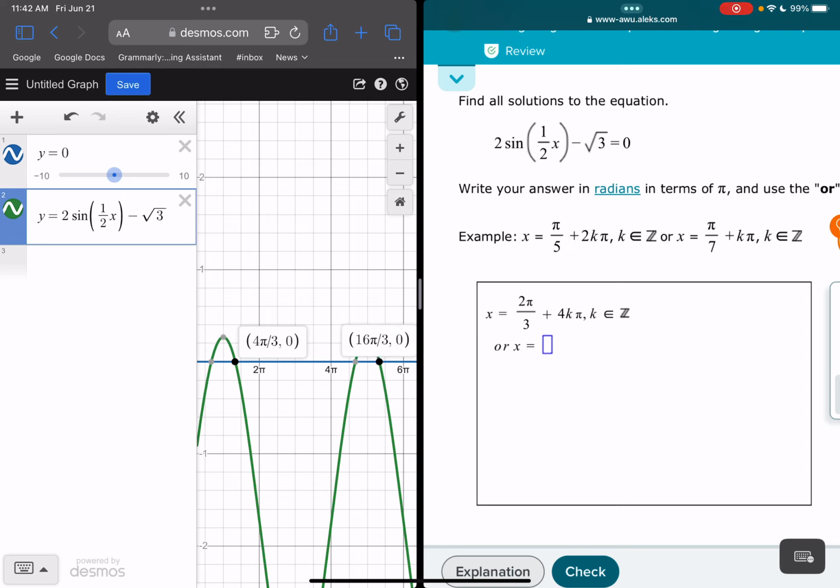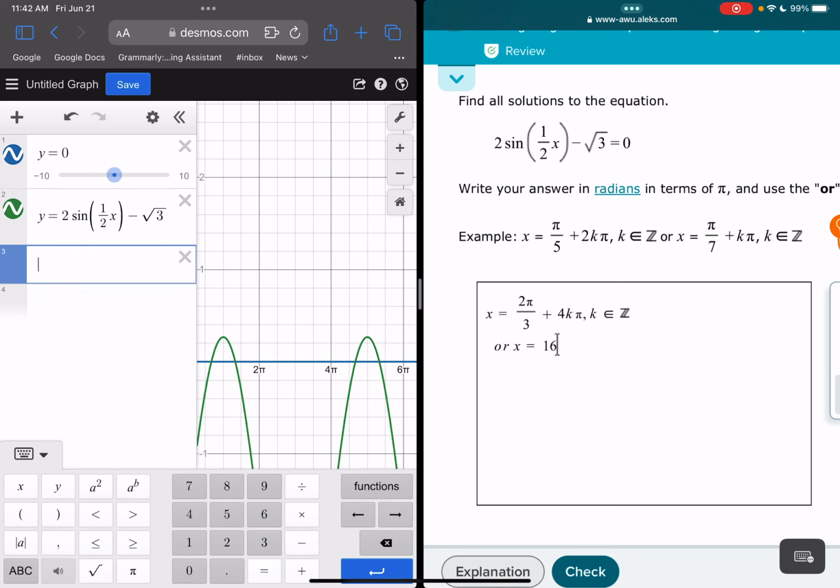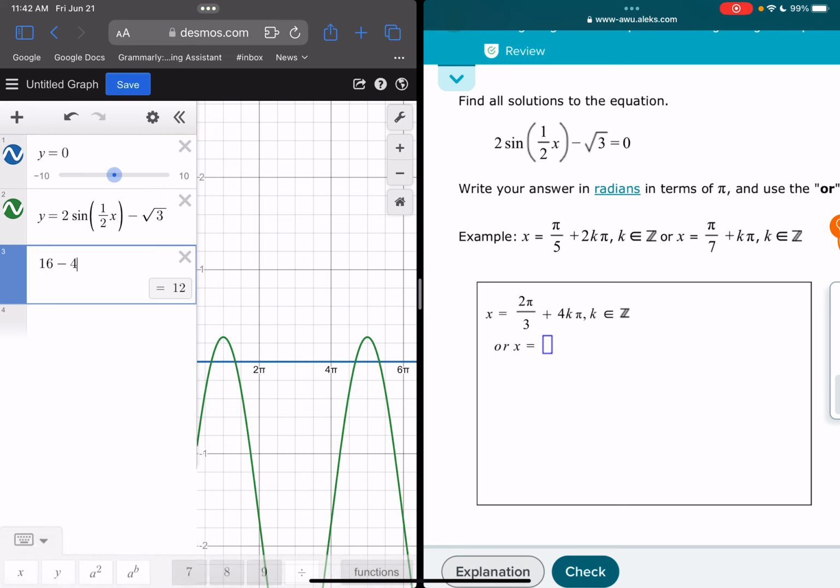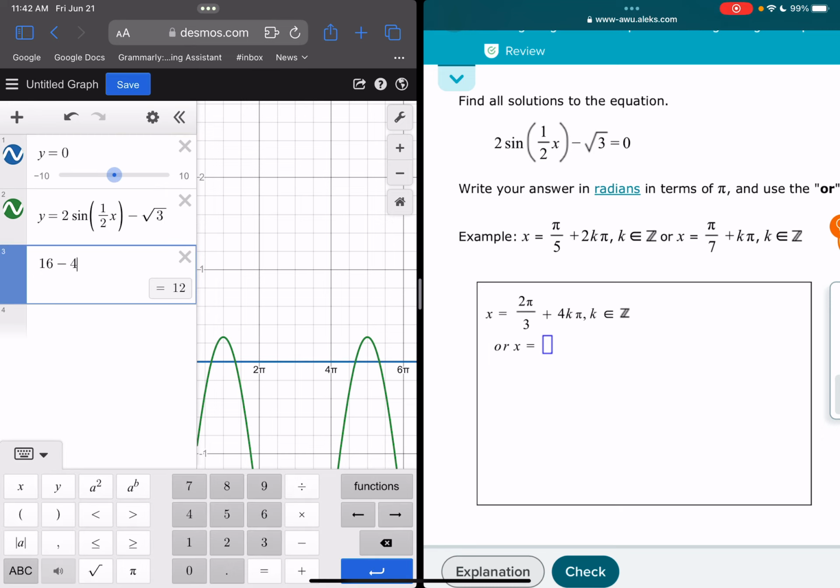So that'll be 16 minus 4. Oh my gosh. 12 again, and then it's over 3. 12 divided by 3 is 4. So same thing.